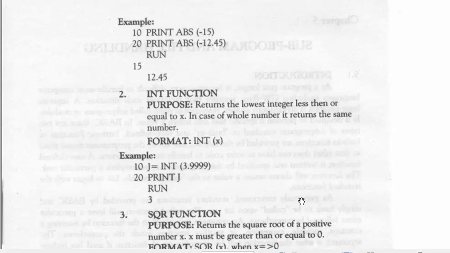It will just give you an integer value. The fractional part of the value will be ignored. Like in the example, J = INT(3.9999). Print J. Run. It has provided you the answer 3. Okay, so remember the function of INT.